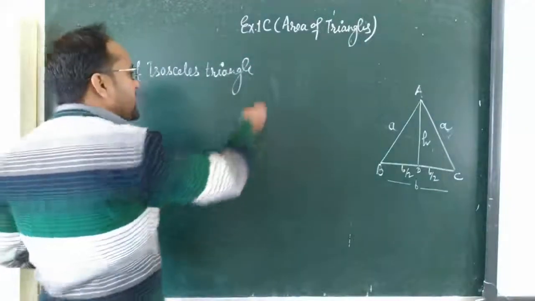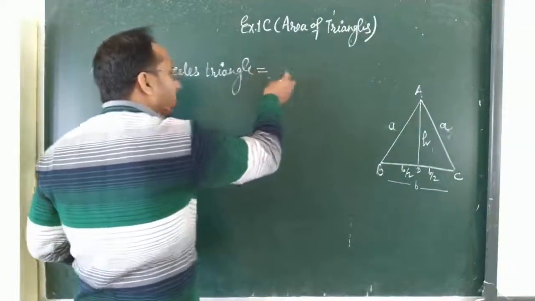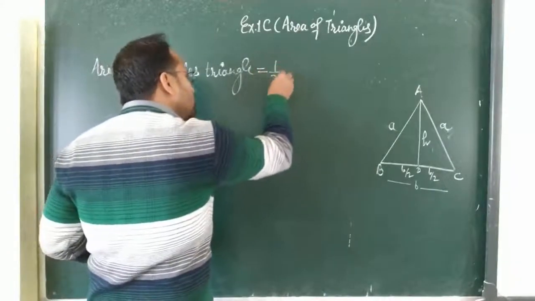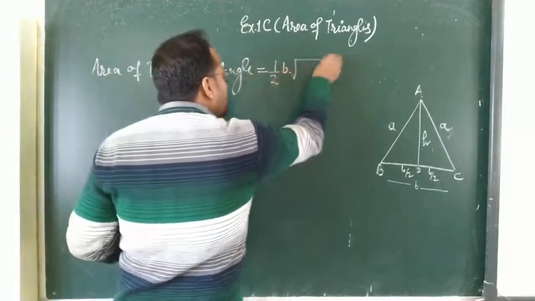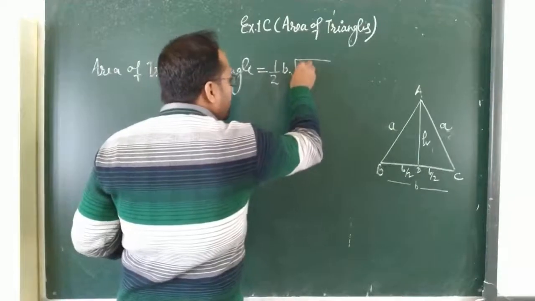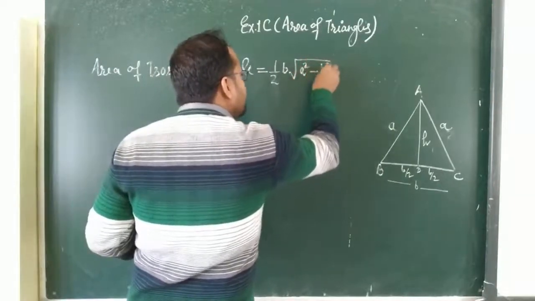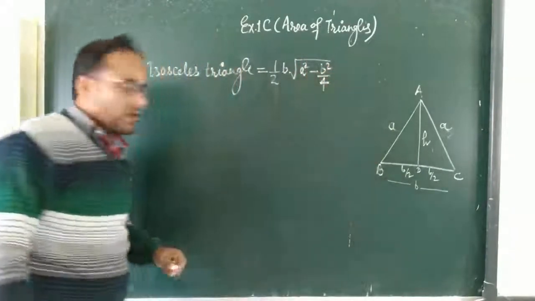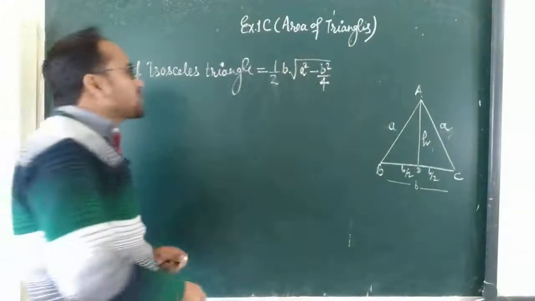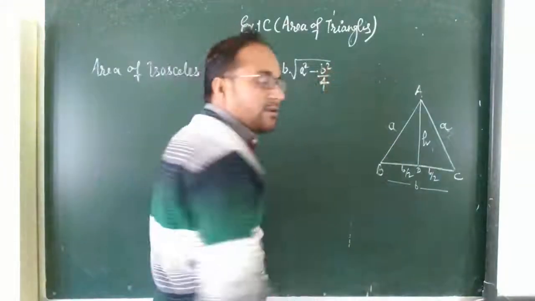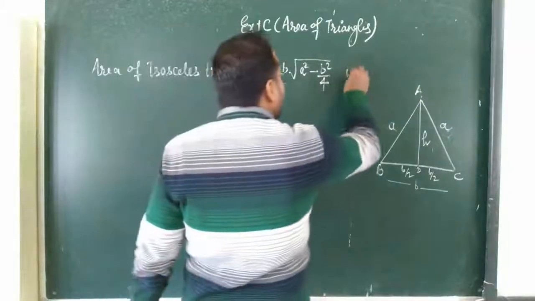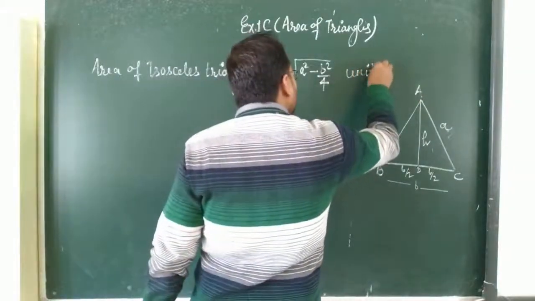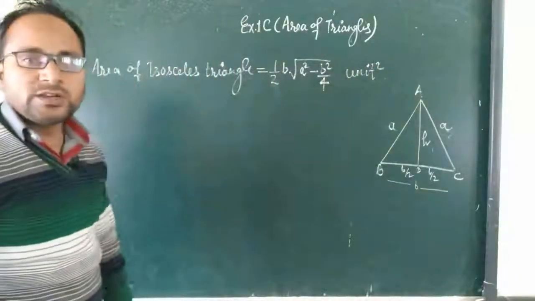Area of isosceles triangle is equal to 1 by 2 b under root a square minus b square by 4, unit square. Whatever you get, it is always in unit square.